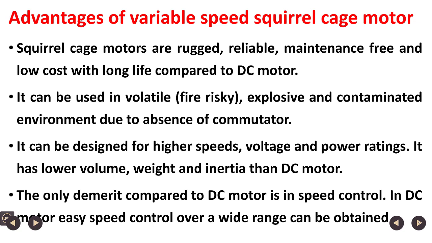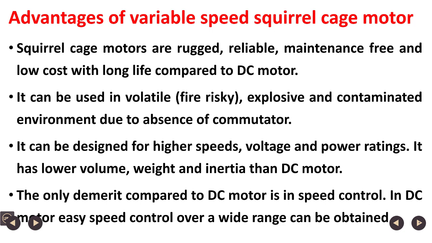So, let us discuss the advantages of variable speed squirrel cage induction motor drive. Squirrel cage induction motors are very rugged, reliable, maintenance free, low cost, and have long life. These are the advantages compared to DC motor, and it can be used in volatile environments where fire risk is there, explosive environments and contaminated environments, due to absence of commutator.